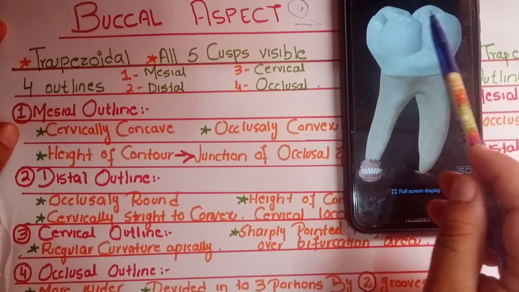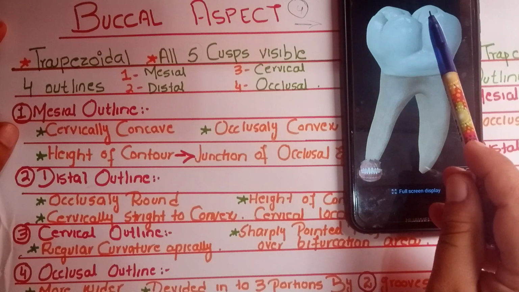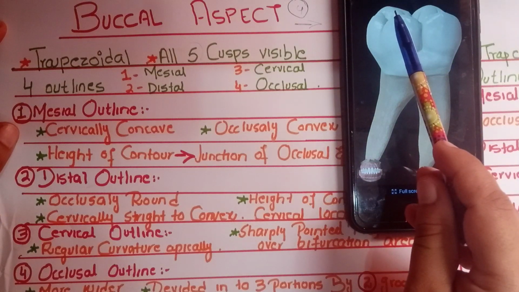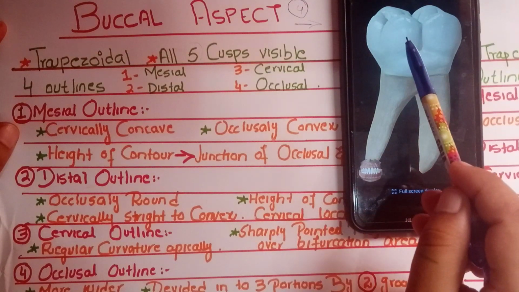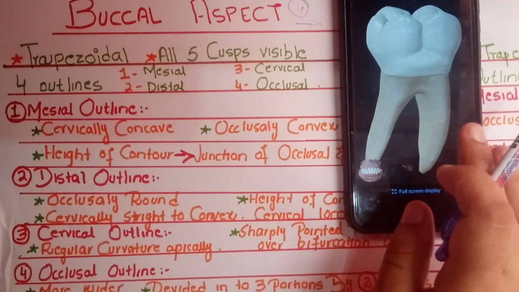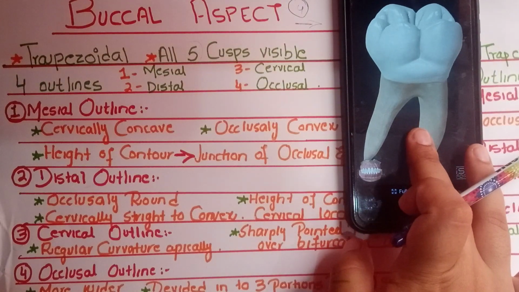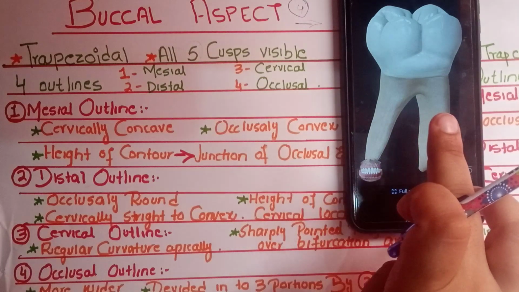These five cusps are the mesiobuccal cusp, mesiolingual cusp, distolingual cusp, the smallest cusp which is the distal cusp, and the distobuccal cusp.